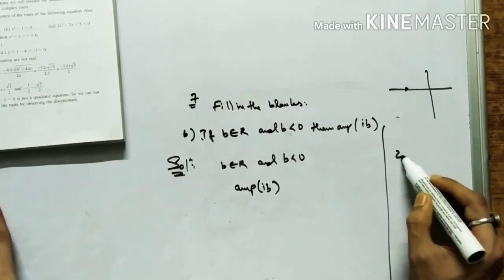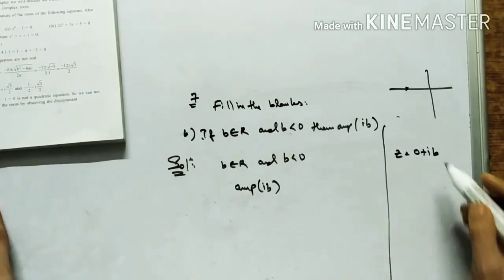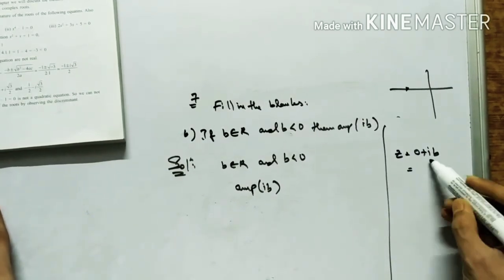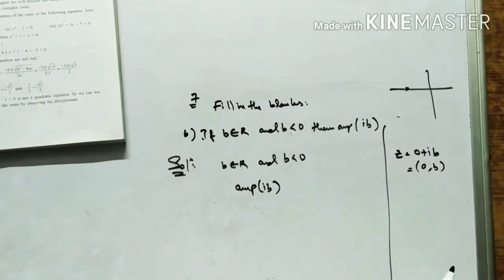I can write this as Z is equal to 0 plus iB, which is equal to 0 comma B.